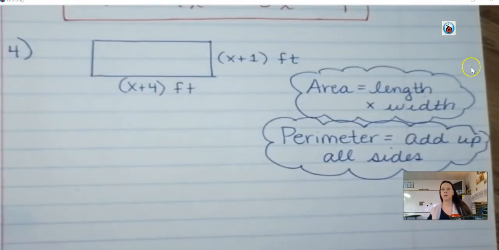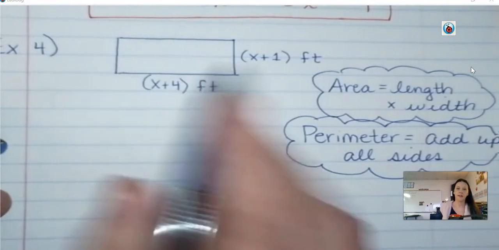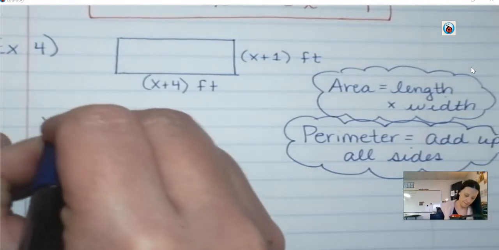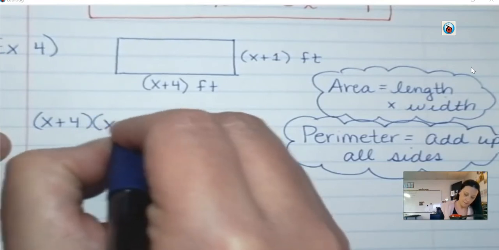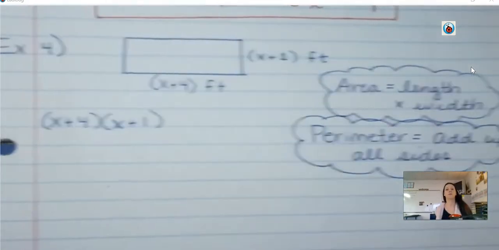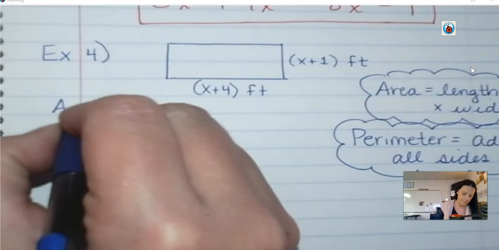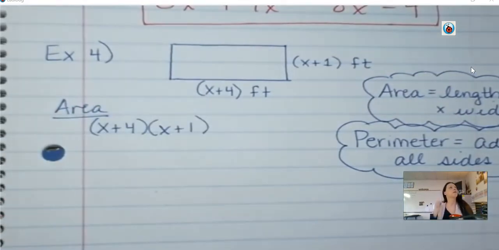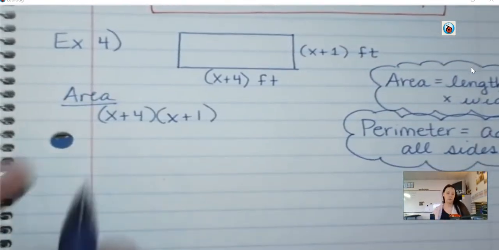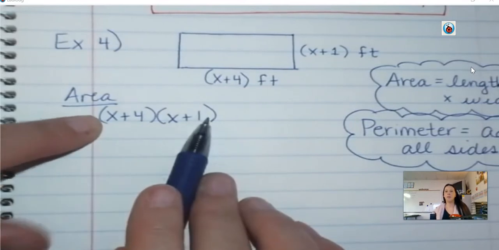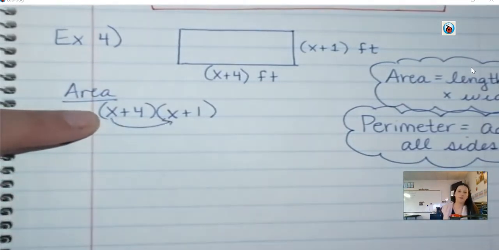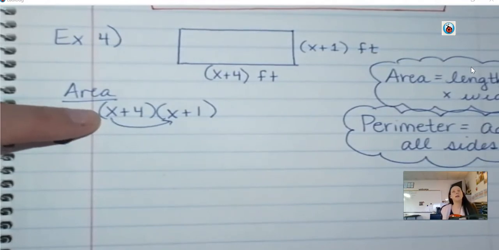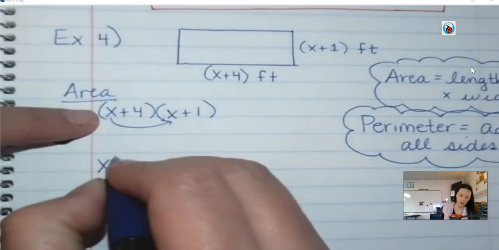So length times width. Length is x plus 4 times x plus 1. So we're trying to find the area. We have a binomial and a binomial, so we can use FOIL. First term times first term: x times x is x squared.